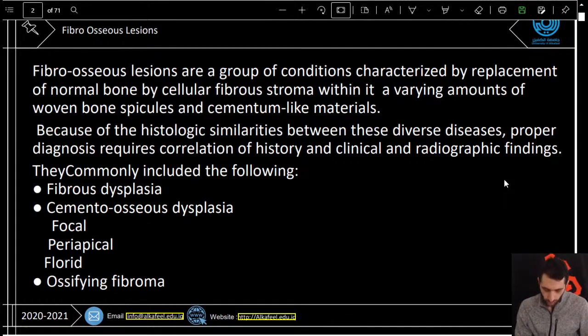These were the fibrous dysplasia, cemento-osseous dysplasia, and also ossifying fibroma, all parts of fibrous lesions.